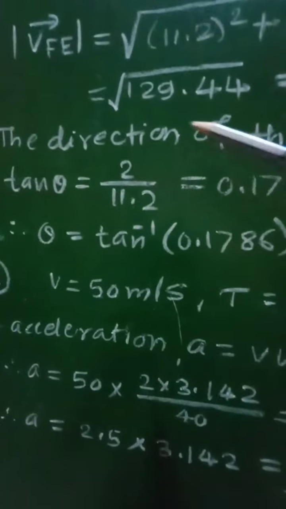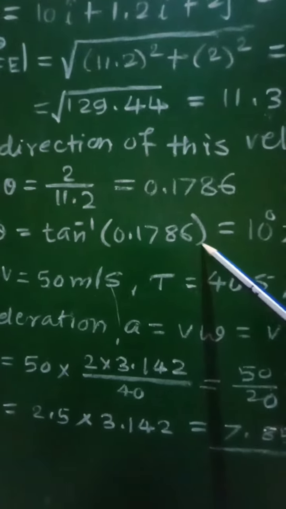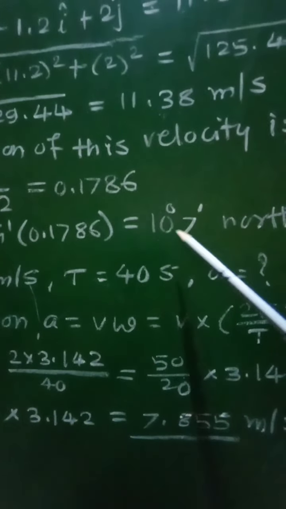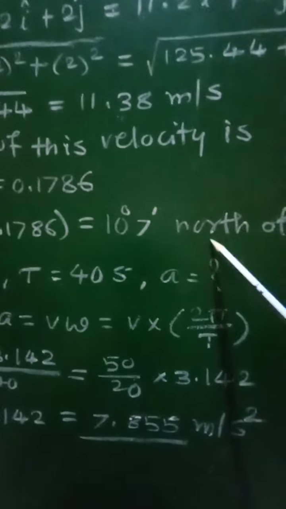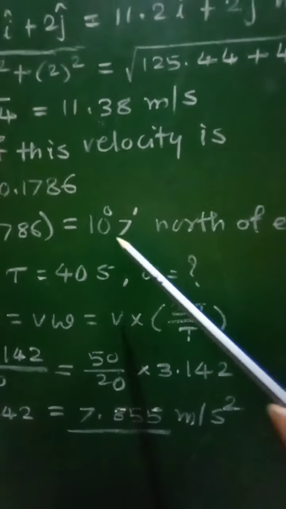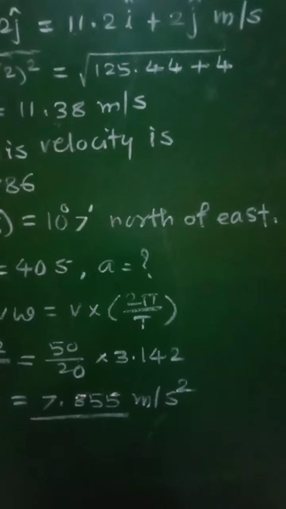Theta will be equal to tan inverse of 0.1786, which comes out to be 10 degree 7 minute north of east. So this will be the direction of that velocity, that is 10 degree 7 minute north of east.